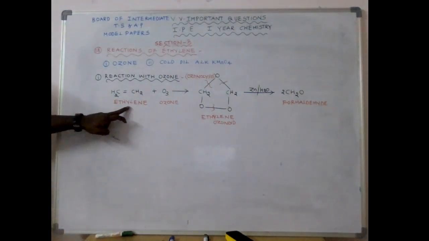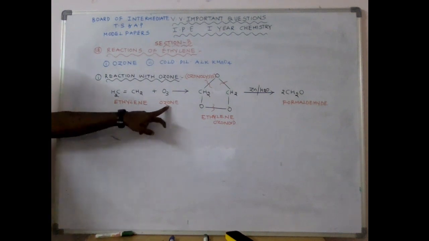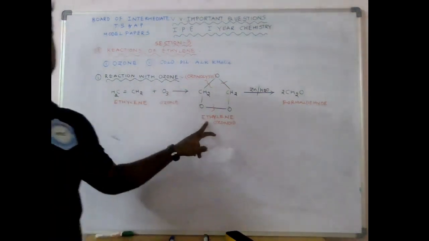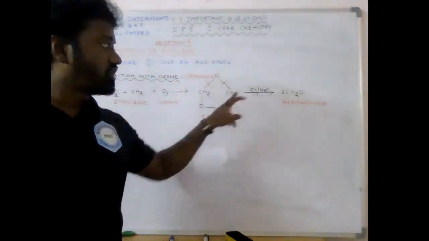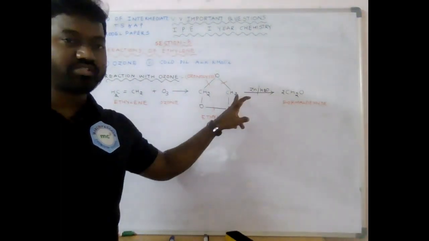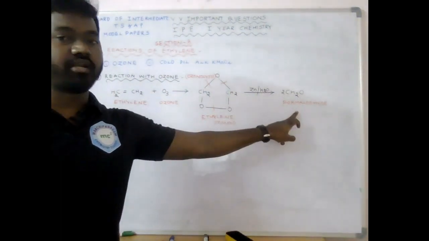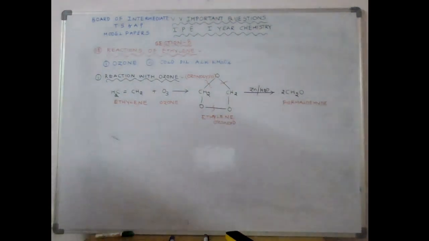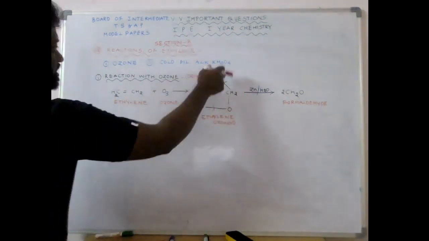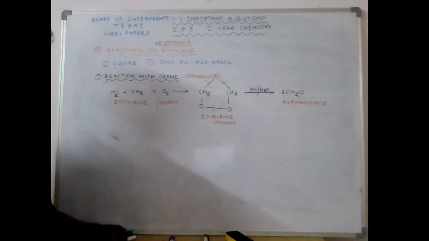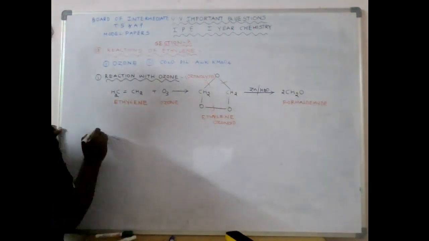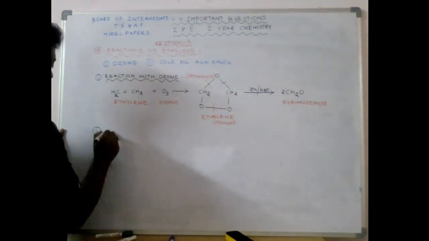Ethylene reacts with ozone to give ethylene ozonoid, which undergoes hydrolysis in the presence of zinc to give formaldehyde. Finish. That is the statement. By seeing that equation only, you can write the statement. And this total reaction is also named as what? Ozonolysis.